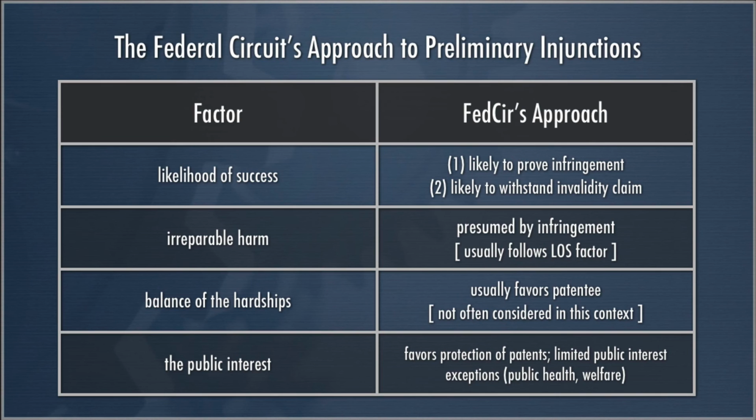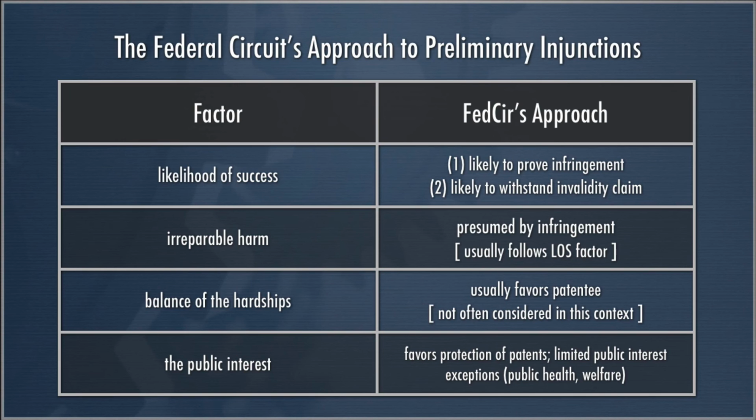And the Federal Circuit has taken the following approach to this. For likelihood of success, you have to show, you being the patentee, for a preliminary injunction, that you're likely to prove infringement. Now, you don't have to prove your entire case, you don't have to show everything, but you do have to show you're likely to win. And then you also have to show that you're likely to withstand an invalidity claim, right? Because invalidity is such an important part of patent litigation.